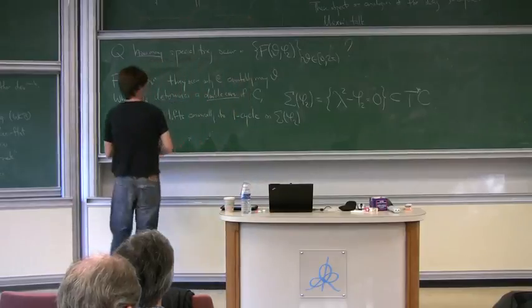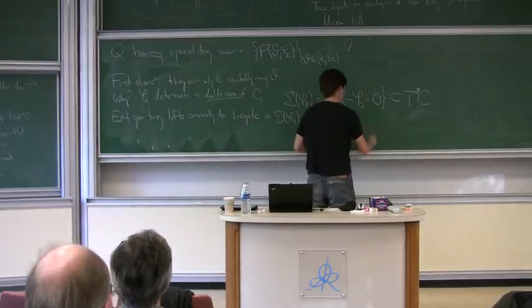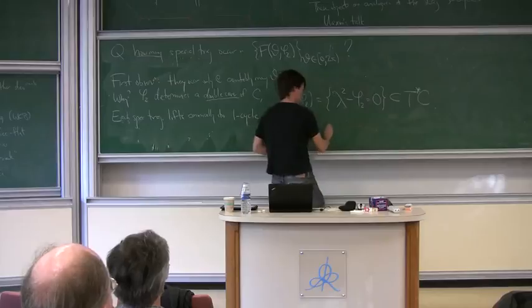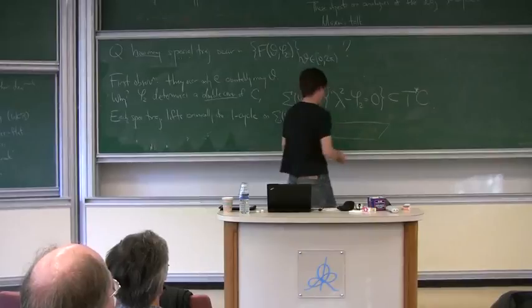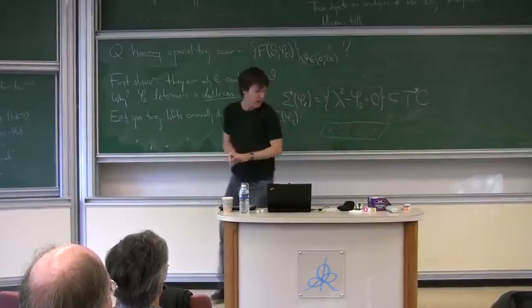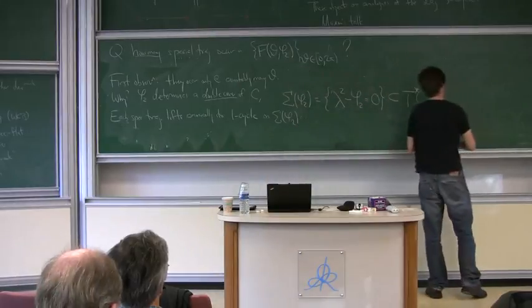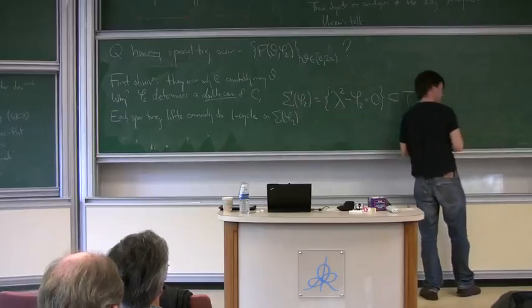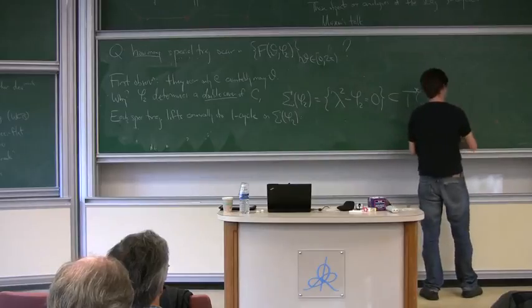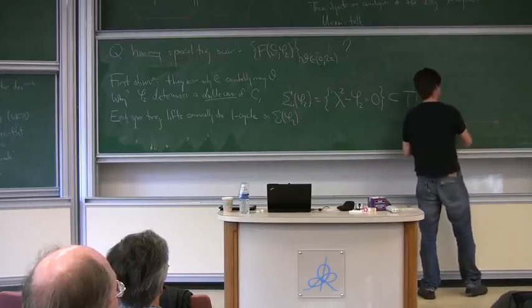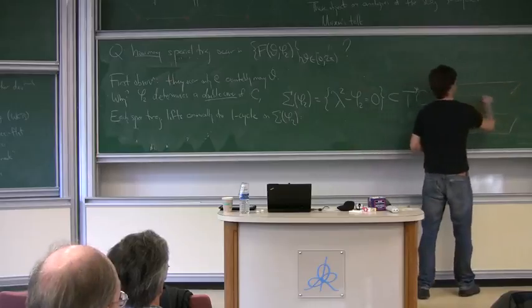So for example, I have one of these special trajectories living on C. So on the double cover, the double cover has two sheets.